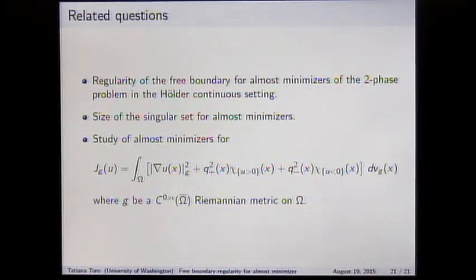The point is that now we're looking at the almost minimizers for this case. And at least up to now, we're able to prove that, in one phase, they're Lipschitz, and we're in the process of looking at their free boundaries also. But our goal when we started this was to study the regularity of the minimizers for this one and the corresponding free boundaries.